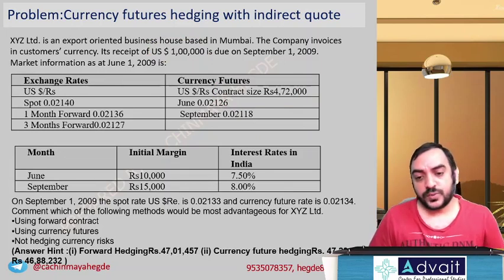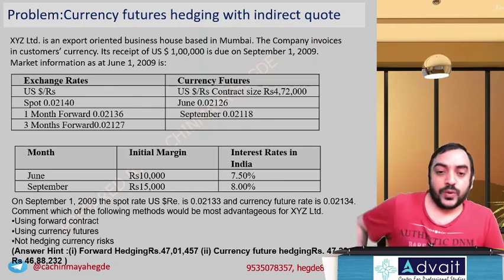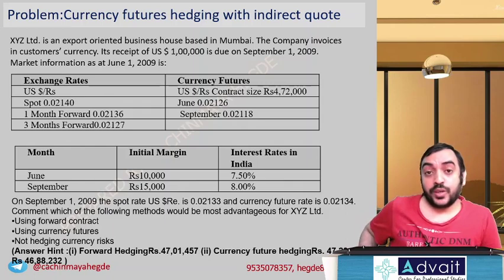Okay, let's do this one now. Hope you got the question. XYZ Limited is an export oriented business house based in Mumbai. The company invoices in customers' currency. Its receipt of US dollar 1 lakh is due on September 1st, 2009.